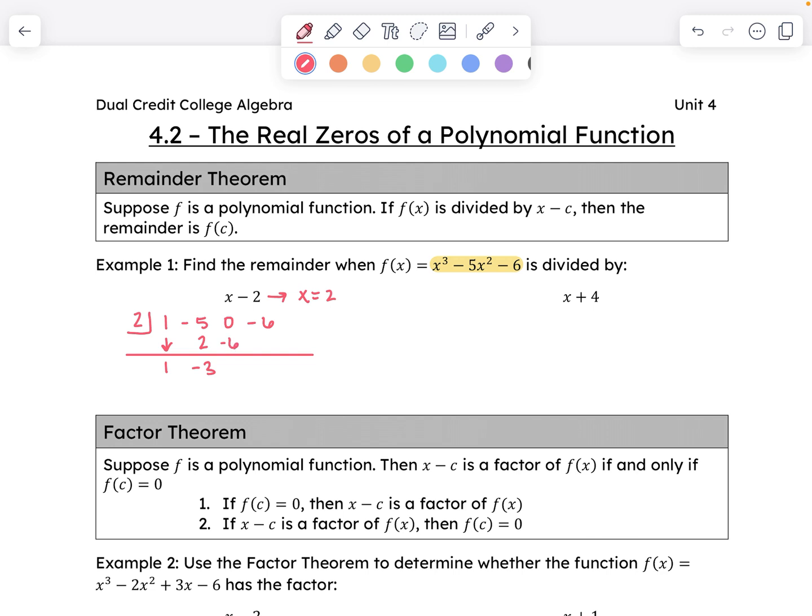Add straight down to get negative 6. Negative 6 times 2 is negative 12. And add straight down to get negative 18. So what that is telling us is that f of 2 is negative 18. And you could check that by plugging 2 in for your x's up here, and you would see that you would get negative 18 when you plug 2 into the function.